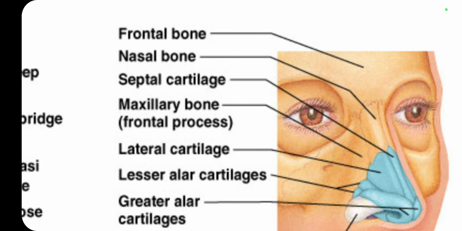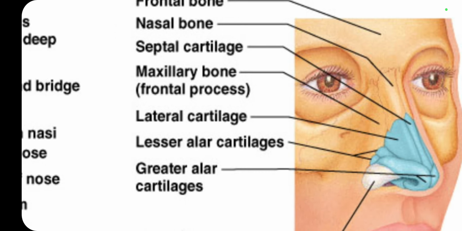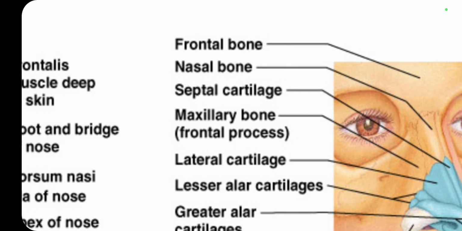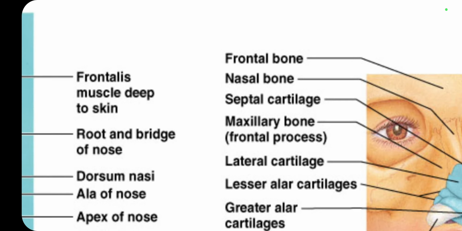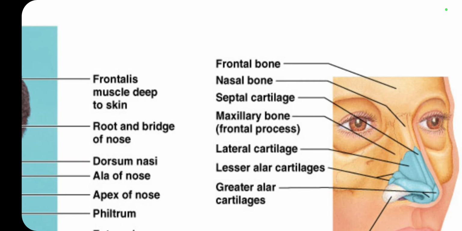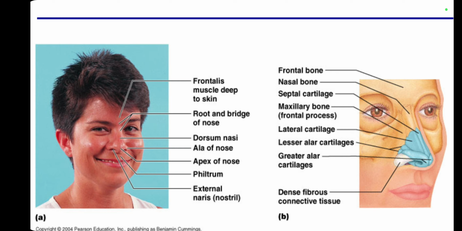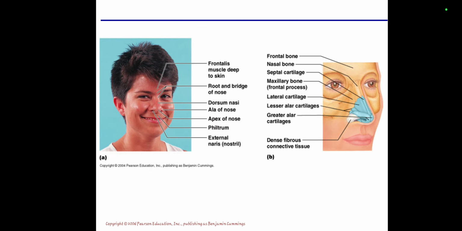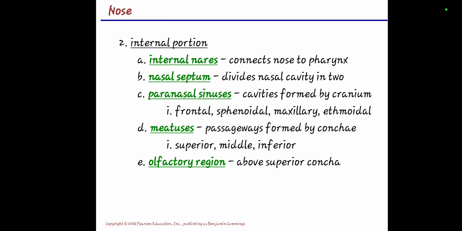You can put your finger inside your nose because of the cartilages. Okay? So that is the external portion of the nose. If you have questions or clarifications, you can raise them in our GC. Okay, thank you.